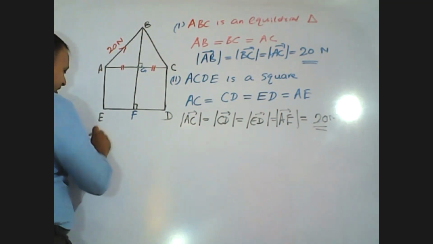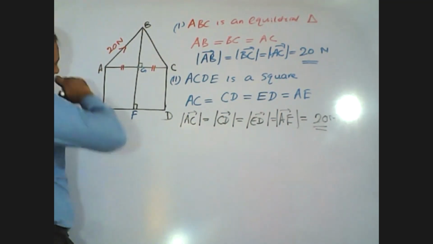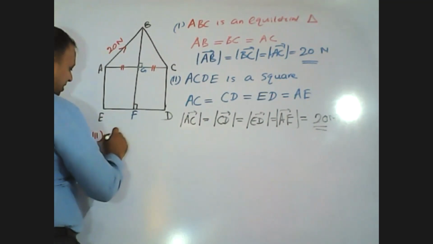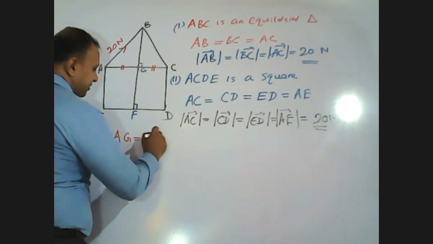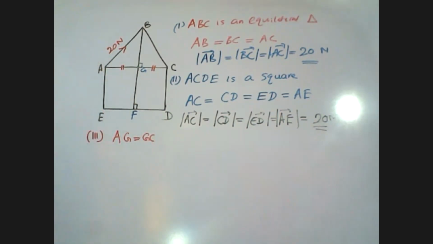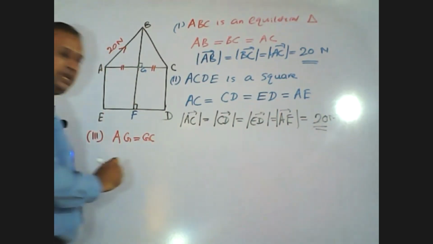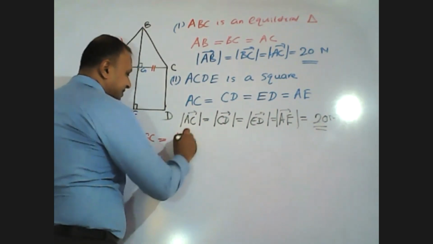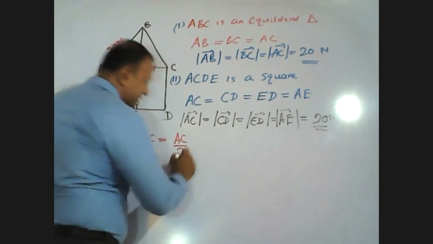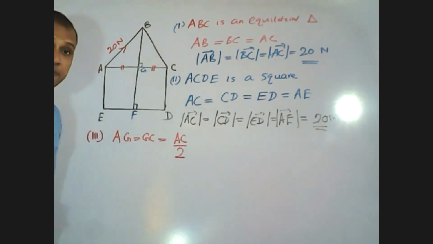The third part, I can write AG equals GC, and it should be equal to AC over 2, half of AC. So what is the reason?